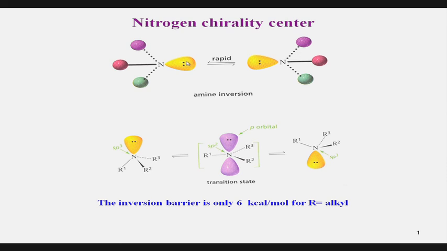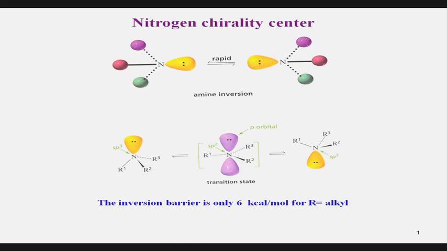That means the lone pair, which was earlier pointing in this direction, now inverts its position, comes to the left side, and these two groups which were towards the left-hand side now go to the right-hand side. So, that is what is called the inversion in the case of nitrogen.